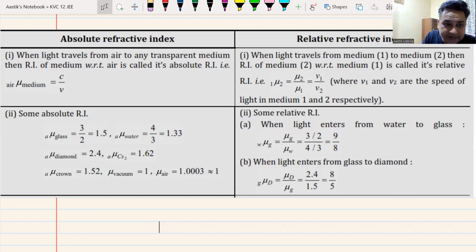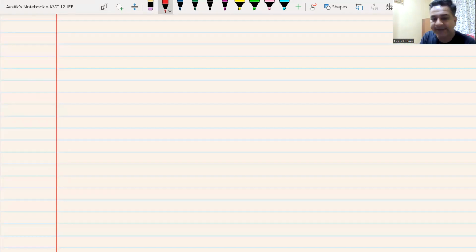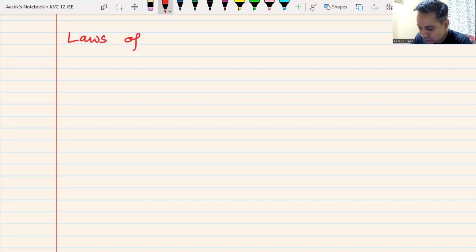Now that takes us to the laws of what? Laws of refraction, and that is the next heading that we are going to write, my dear friends. Laws of refraction.